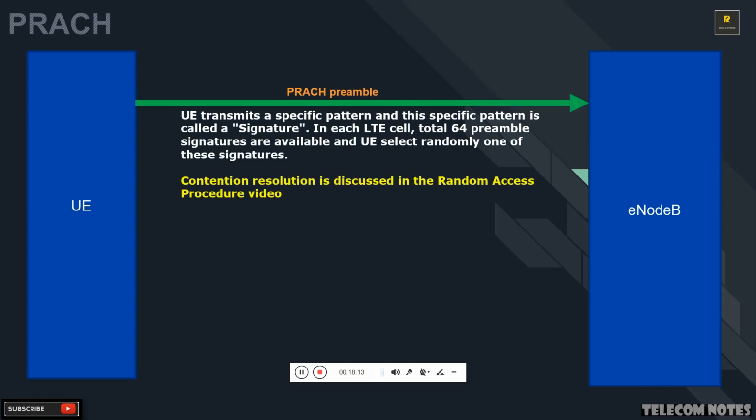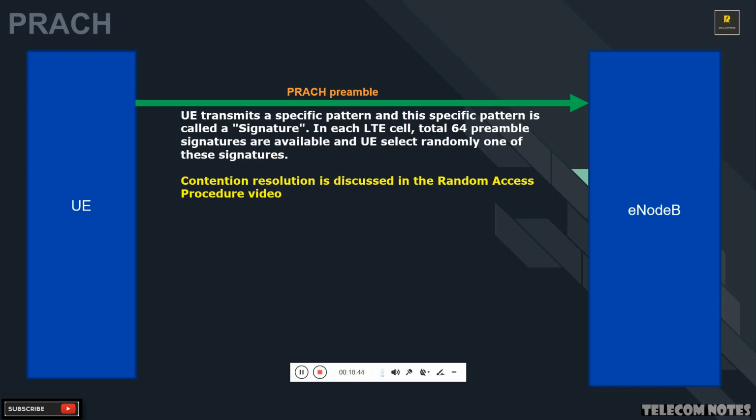That particular pattern is a Zadoff-Chu sequence, so that they have zero correlation with the other codes. This specific pattern is called a signature. In each LTE cell, a total of 64 preamble signatures are available, and the UE selects randomly one of these signatures.